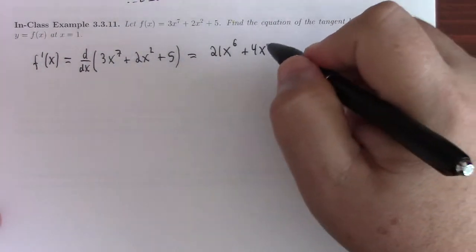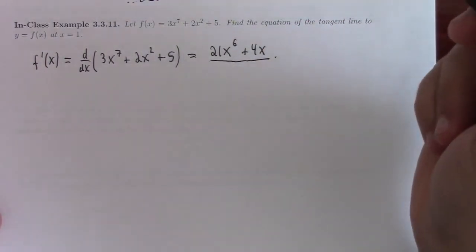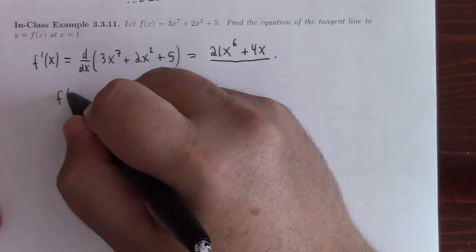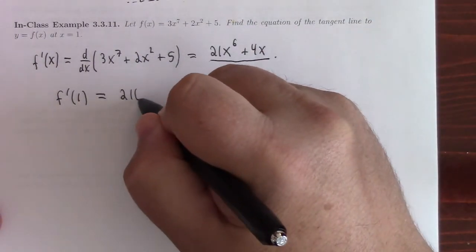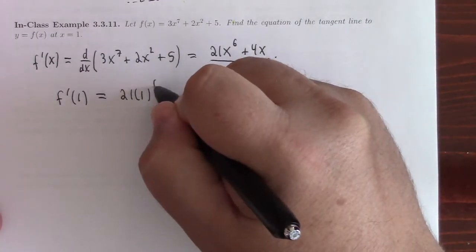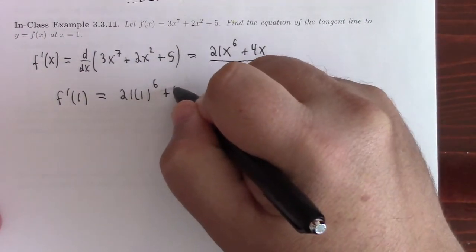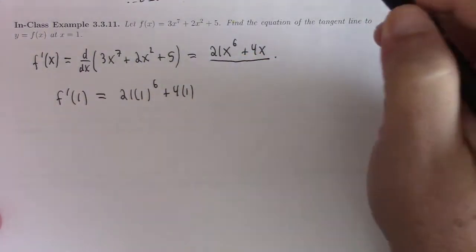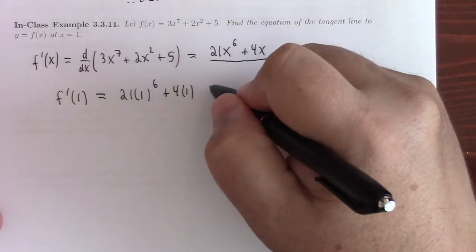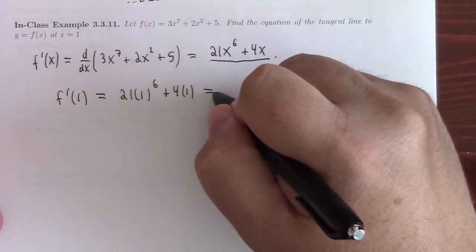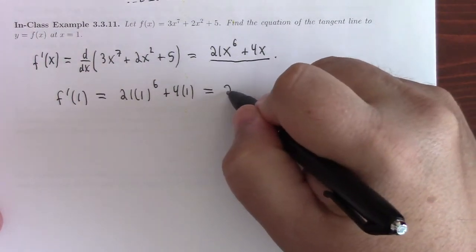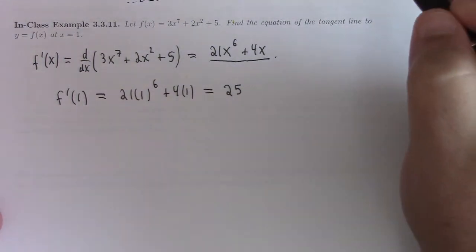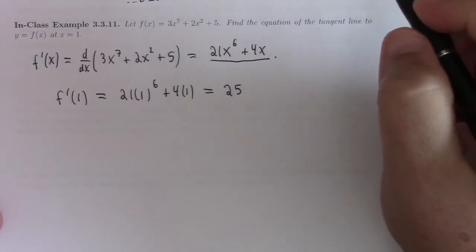Derivative of 5 is 0. So f prime of 1 is 21 times 1 to the 6th power plus 4 times 1, which is 21 plus 4, which is 25. So the slope is 25.